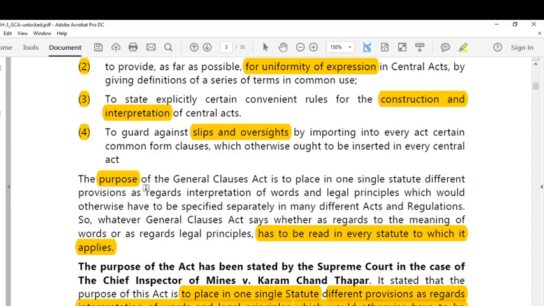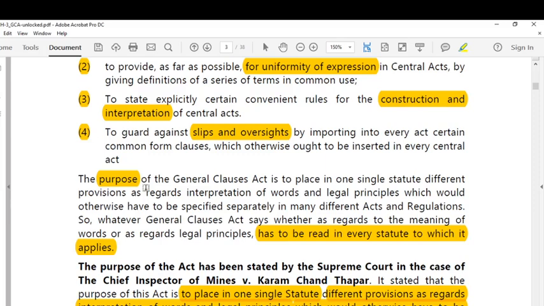Unless you have a General Clauses Act, different acts and regulations would have to be given the provisions with regard to interpretation of words and legal principles, in each and every enactment and regulation made by the parliament.